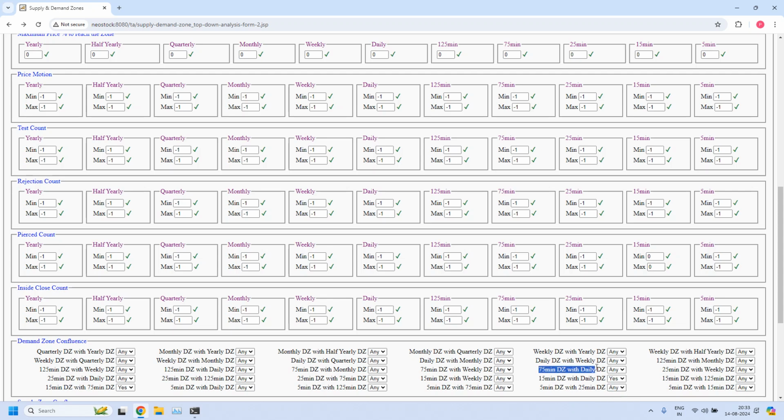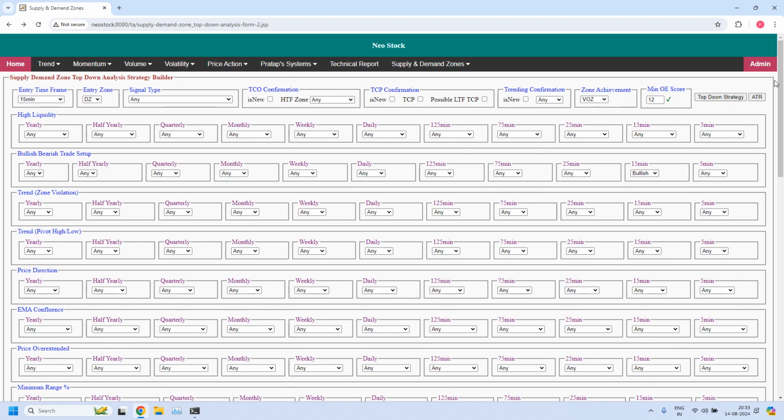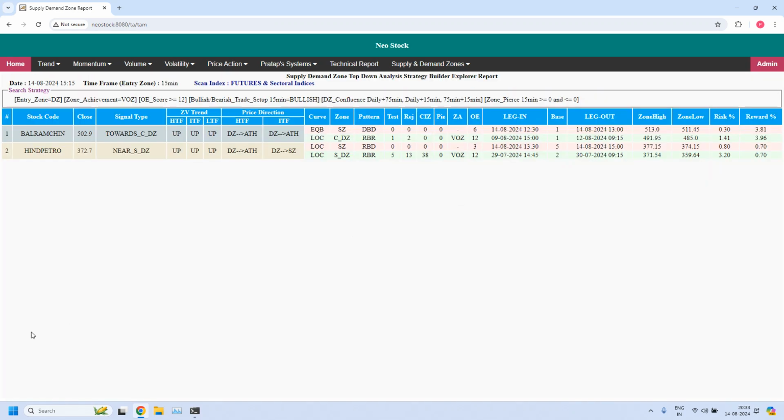And also 75 minutes demand zone and daily demand zone, that is ITF and HTF, enabled. With all the 3 zone confluence filters, let's verify. 2 stocks are filtered. From the 7 stocks, these 2 stocks are having confluence with 15 minutes, 75 minutes and daily time frames.